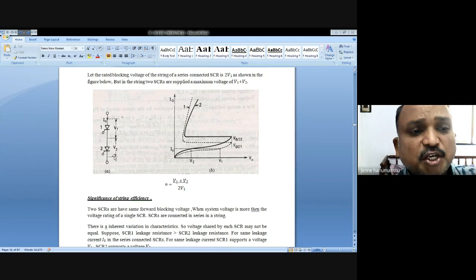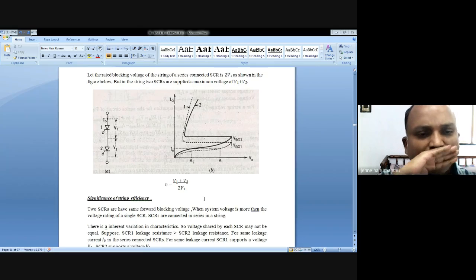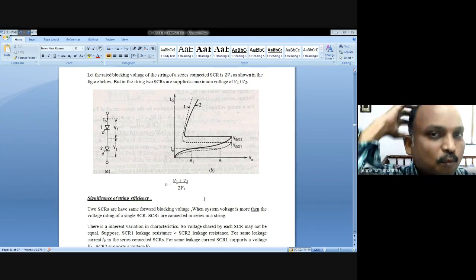But for thyristor 2, at V2 we have the leakage current. So a thyristor which has less leakage current may give more drop.